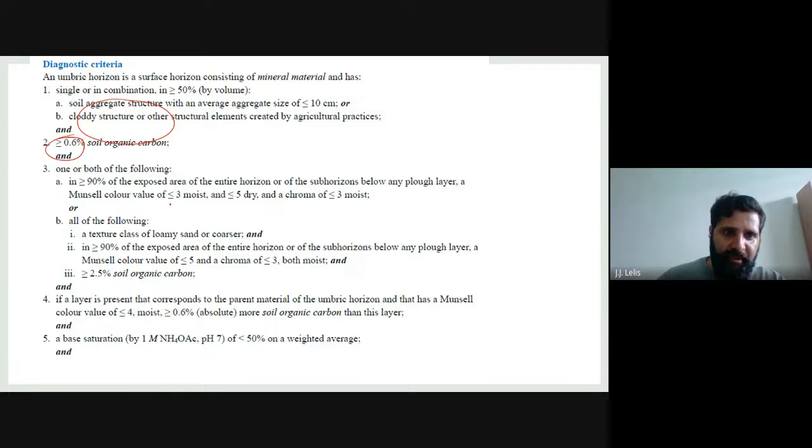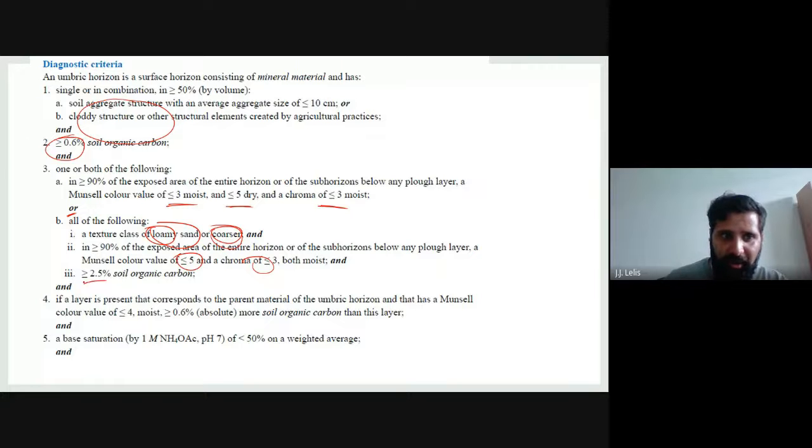We should present dark colors, so low values and low chroma. We should present a texture that's loamy sand or coarser, so a texture with a lot of sand, and dark colors.